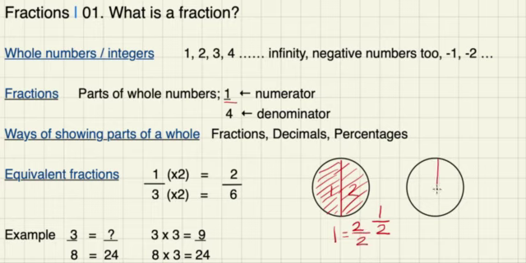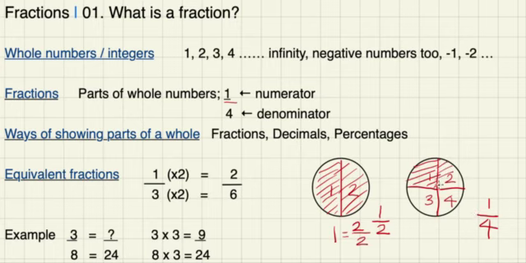If this is another pizza and we divide it into 4, then these are the slices, 1, 2, 3, 4. The number of ways the pizza has been cut goes at the bottom. So in this case, it's 4. If I take one of these slices, that would be 1 over 4.